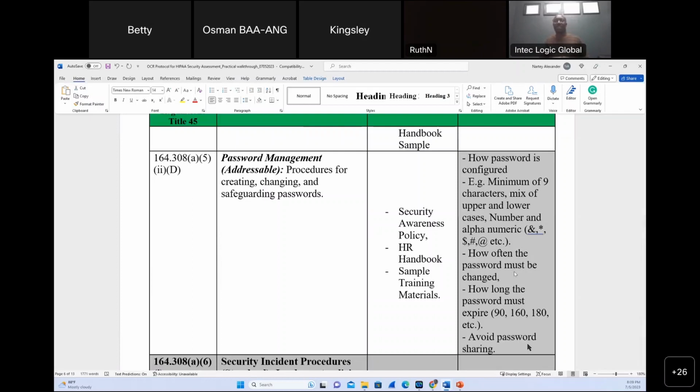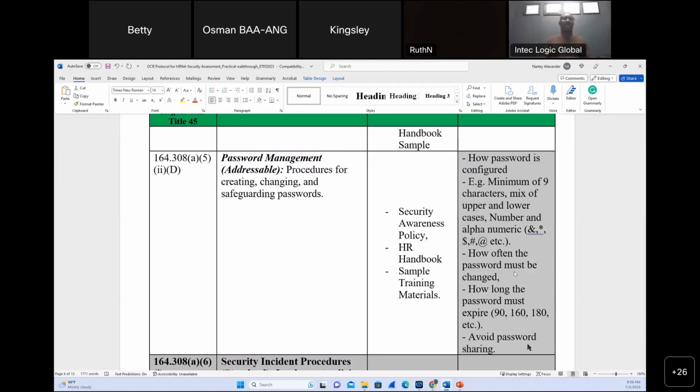Train them that, look, in this company, our minimum password requirement is 9 characters. It's 10 characters. It has to be a combination of upper and lower cases, right? The passwords must be changed every 3 months, or every 6 months, or every 180 days, right? Avoid sharing your password with other employees, right?